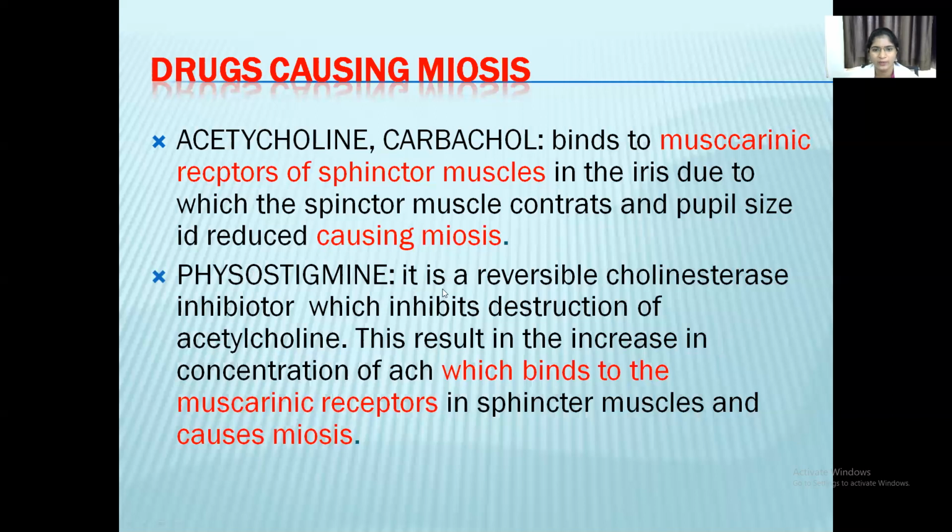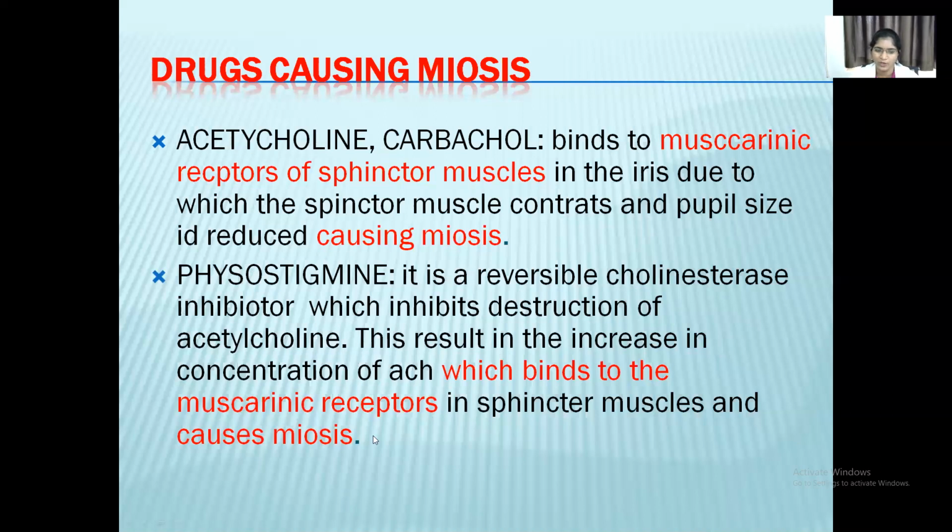Physostigmine is a reversible cholinesterase inhibitor which inhibits the destruction of acetylcholine. So acetylcholine is present in the eye. It causes contraction of the sphincter muscle, which acts on M3 receptors.